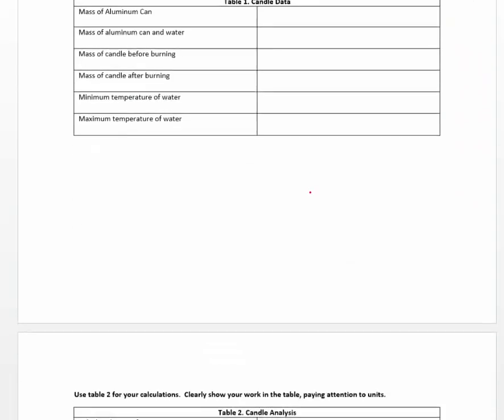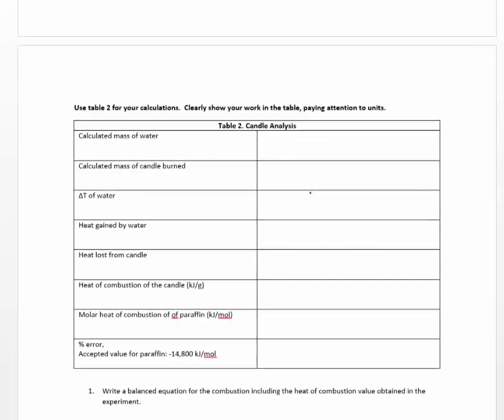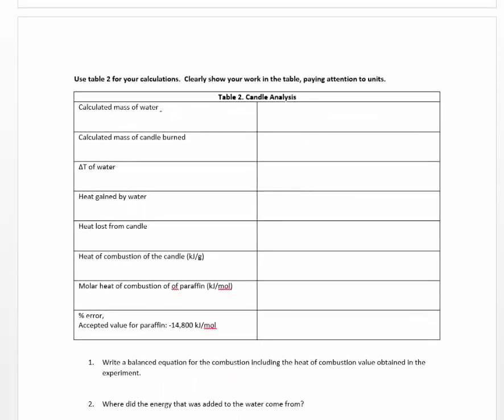Okay, let's look at the lab calculations. So this is where you're just going through your data. Calculated mass of water. You're going to subtract how much water was in there. Calculated mass of the candle burned. You're going to subtract how much actually burned. Change of temperature. Guess what? Subtract.